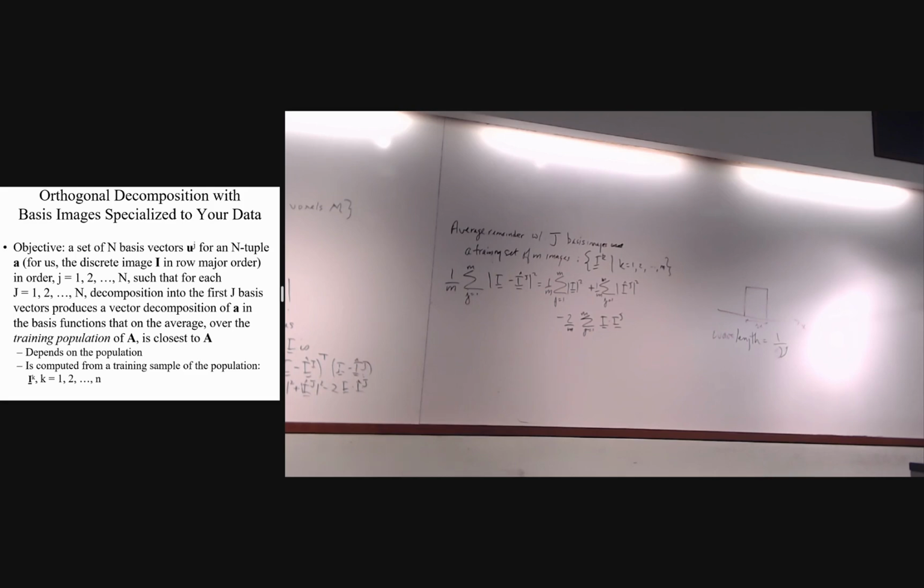And what we'll end up seeing is that the solution for 2 has the first one, the one we had for capital J equals 1, as one of the basis images, and we add one more, which is orthonormal to the first one. And then the third one is going to be orthonormal to the first 2, but the first 2 are going to remain the same.